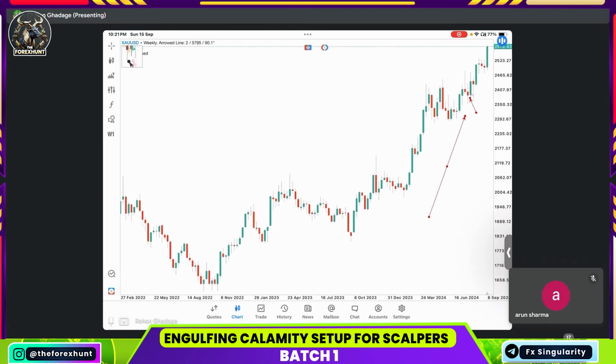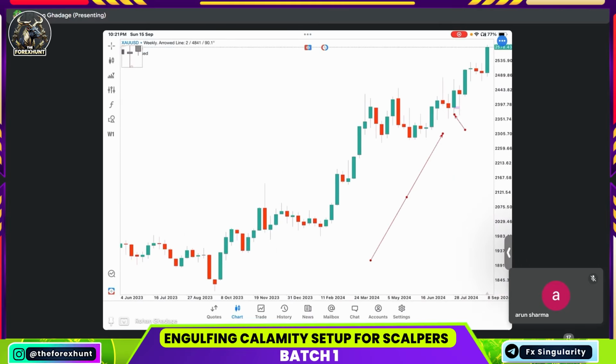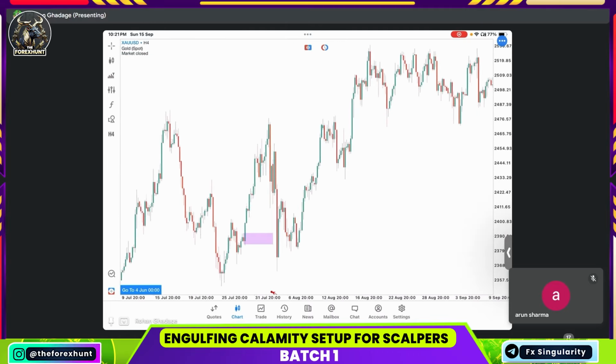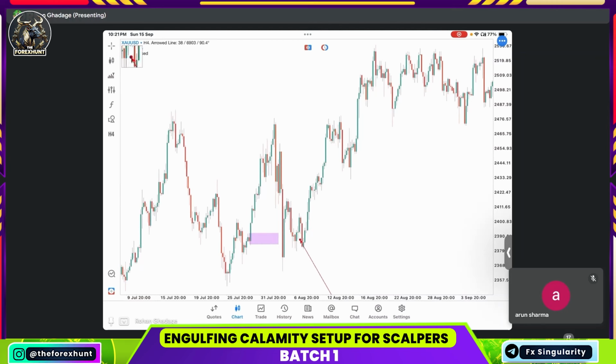The market wants to visit this wick area. Can you see this wick area? The market wants to visit this area. Then it will form some confirmations. Here we can see we have a buy, we have a sell fail, and then only we can decide whether to take buy or sell.